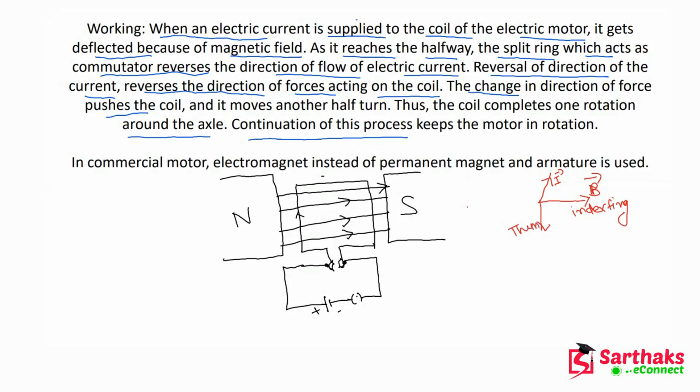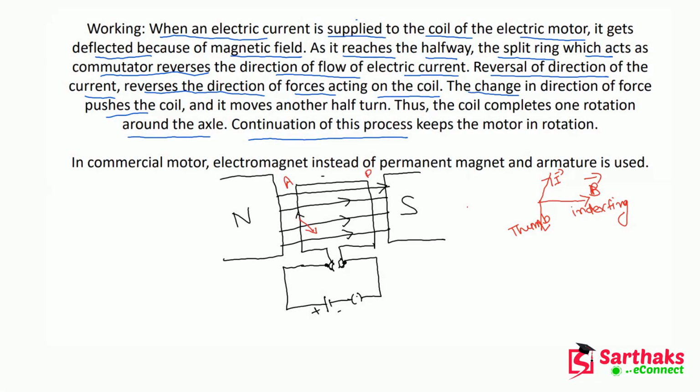You can do it at home also: your index finger indicates the direction of the magnetic field, your middle finger indicates the direction of current, and then your thumb will indicate the direction of force. So the direction of force is downside. It means the force acting on this conductor will take it downside. Now guys, this is the direction of the current in this conductor.